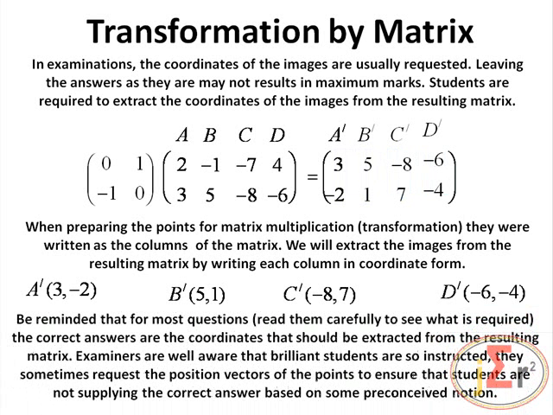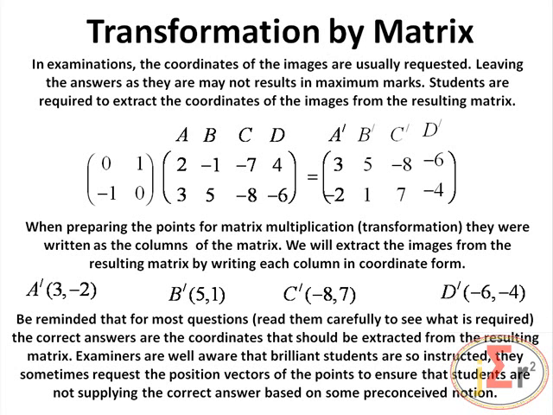Be reminded that for most questions, you have to read them carefully. The correct answers are the coordinates that should be extracted from the resulting matrix. Examiners are well aware that students are so instructed, so they sometimes request the position vector of the point to ensure that students are not supplying the correct answer based on some preconceived notion.